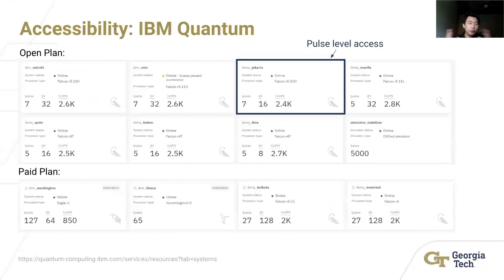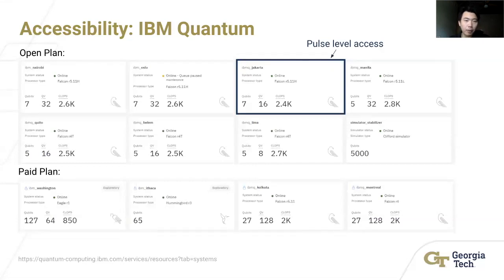Now I'm going to talk about the accessibility of those quantum hardwares. It's important if we have direct access to the hardware, because researchers can do pulse-level research. For IBM Q, they're very nice.